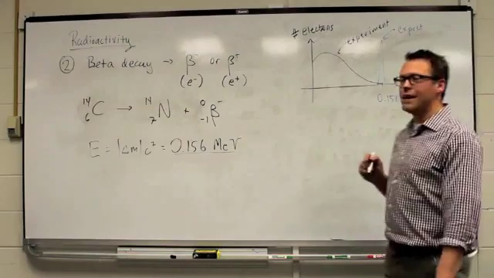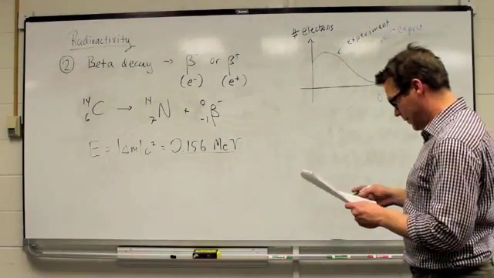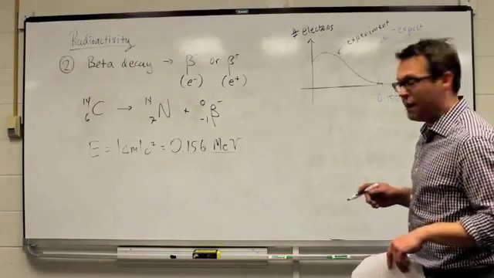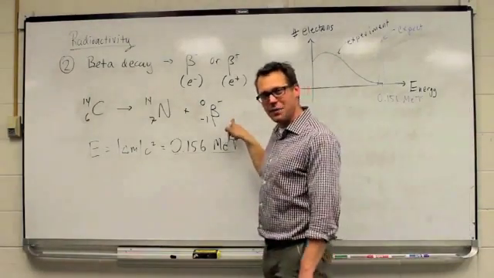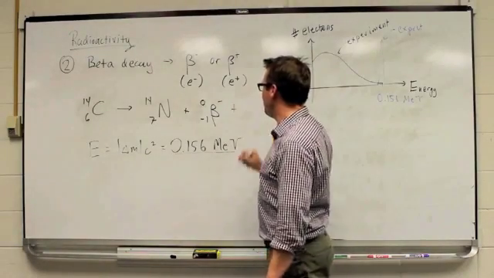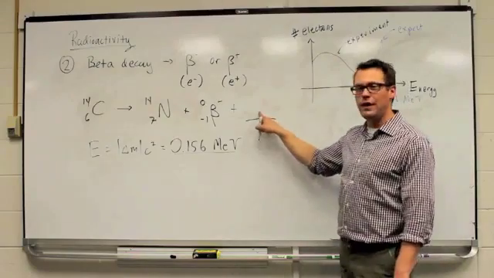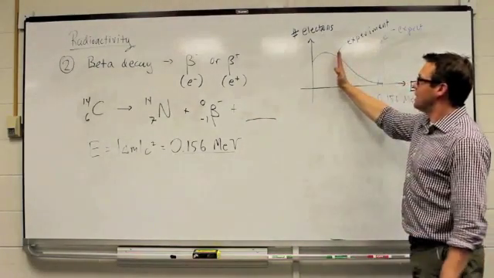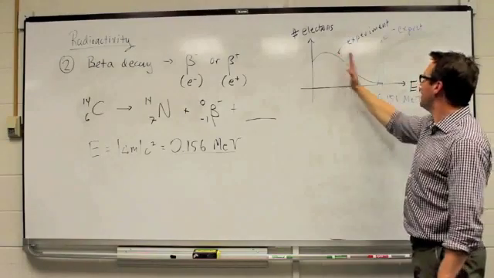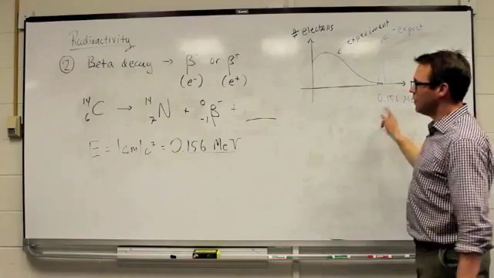The only way it could be described, and it was proposed by Wolfgang Pauli in 1930, is that this reaction is not quite complete. In fact, there must be another particle here on the right-hand side of the equation that's carrying away some of the energy, which means that the electrons would actually come out of the reaction with less energy than what we predict.